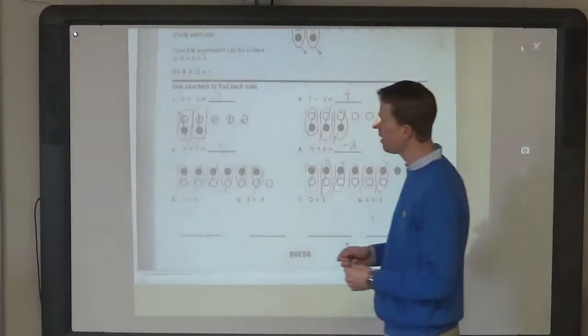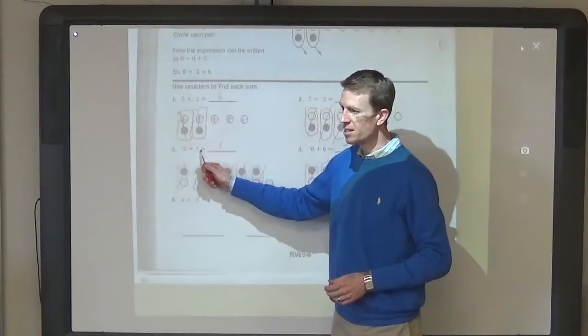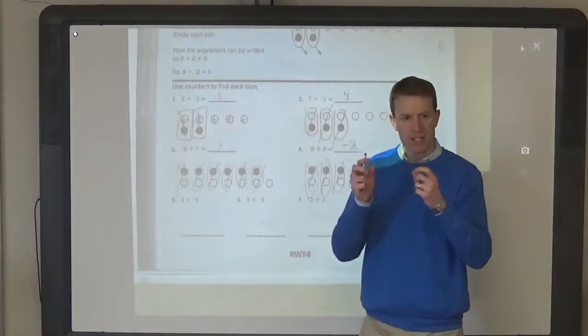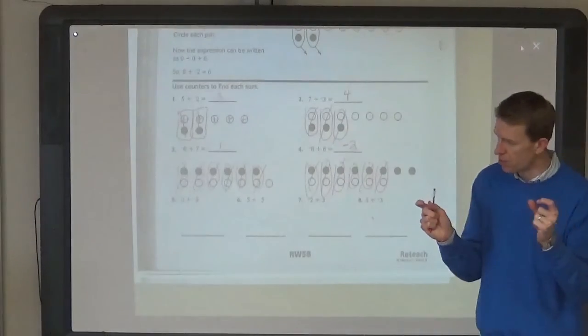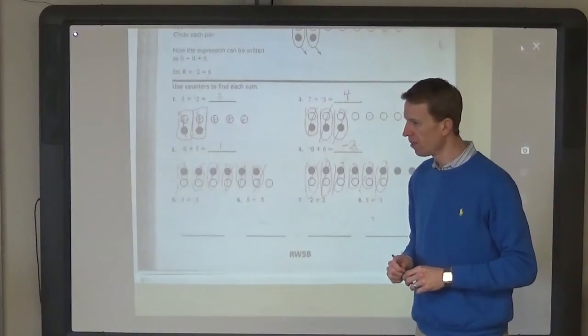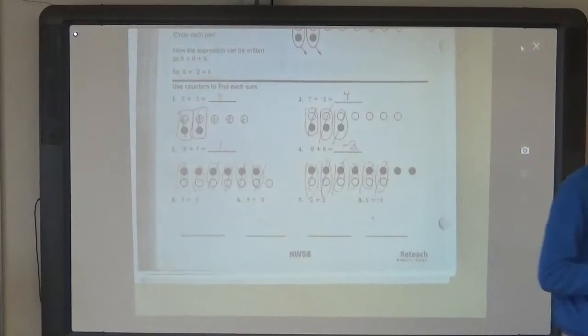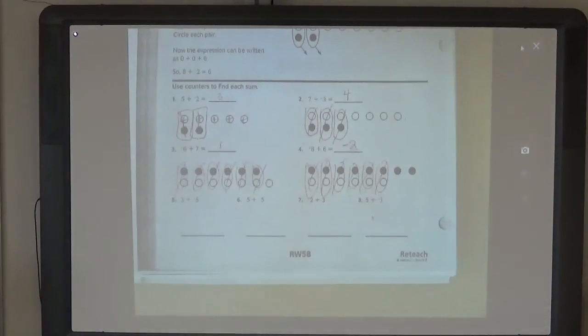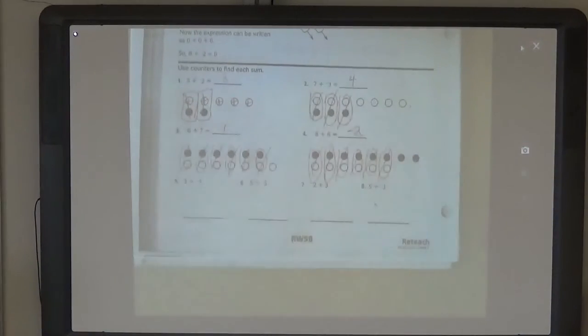Since this is a negative 6 and we're adding a positive 7, we have to find the difference of the two numbers. Okay? So now what I want you to do is do the bottom 4 questions. Thinking about the models, finding the difference. Since 1 is always positive and 1 is always negative.